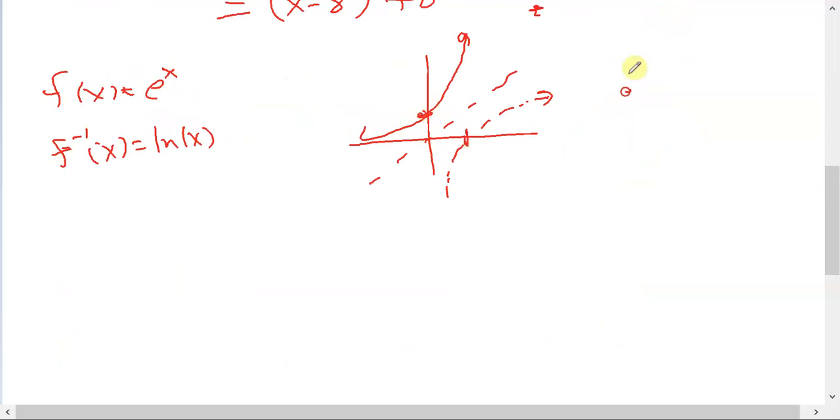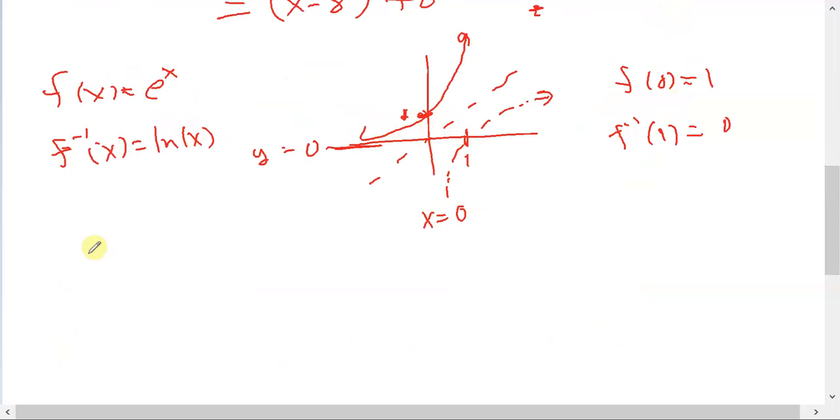Because f of 0 equals 1, that is, e to the 0 equals 1, f inverse of 1 equals 0. And that happens for every point on the exponential function and the inverse function. The exponential function has a horizontal asymptote of y equals 0. So when we flip things around across this line, natural log has a vertical asymptote at x equals 0.